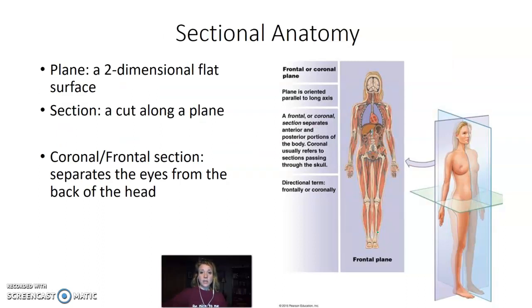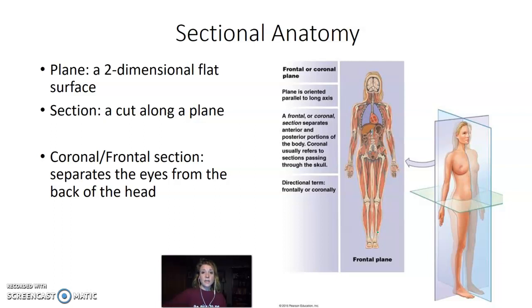Okay, so let's talk a little bit about sectional anatomy. When we do dissections, whenever you make a cut through an organ, you are making what's called a section. You're cutting along an imaginary line that's called a plane.